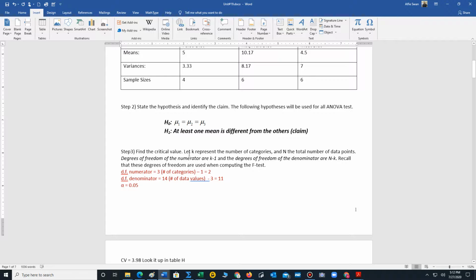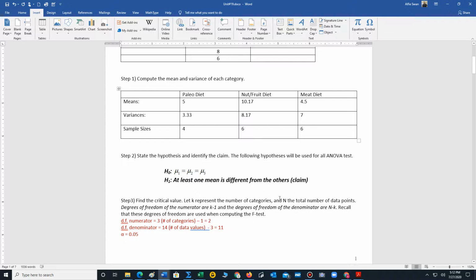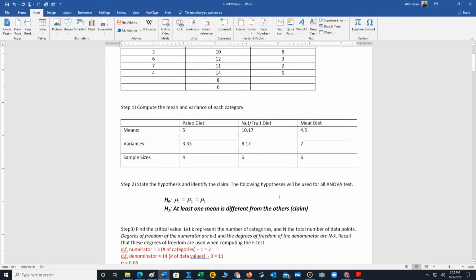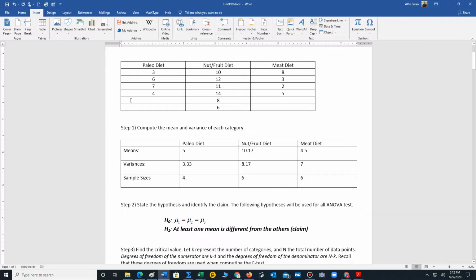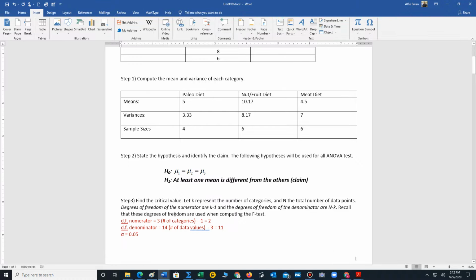Step 3, we have to find the critical value. So remember, K is the number of categories. There are 3 categories. N is the total number of data points. So you just count up all your data points. I believe there's 14. The degrees of freedom of the numerator is K minus 1.